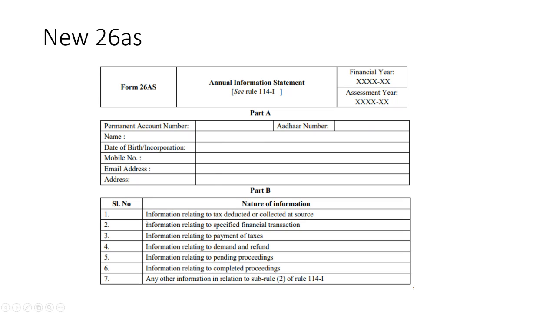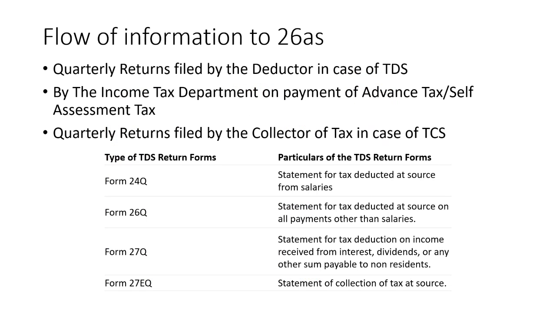Then the information relating to TDS, financial transactions, payment of taxes, demands and refunds, pending proceedings. This is a summary of all those things that will appear under 26AS. So these are all the new changes that the Government of India has made in 26AS.